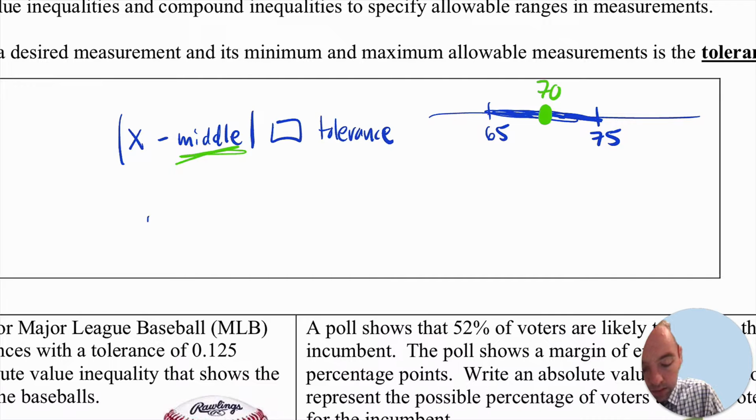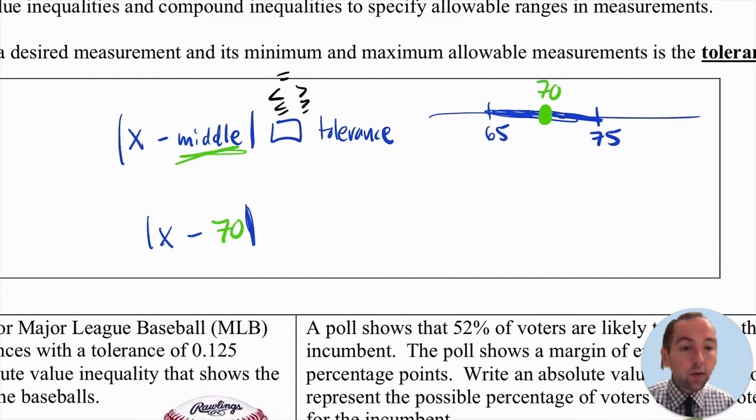So if we were to do the specifics to this example, what I've denoted right here is the distance of the quantity x minus 70, and then I put a box right there, and that box is to be filled in with a less than or a greater than, a greater than or equal to, less than or equal to, or an equal sign depending on the particular situation. And then your tolerance is how far you're willing to tolerate from the middle.